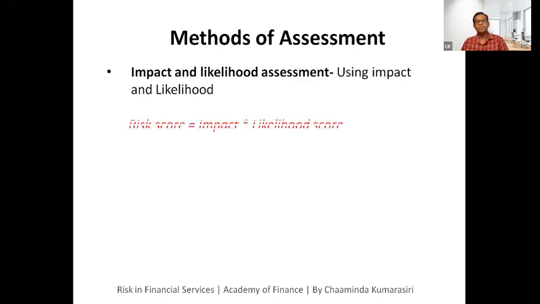So how do you do that? You get the impact. Impact is in terms of monetary value. So you estimate if this risk materializes, how much is the loss? Let's say you determine the loss is 100,000.